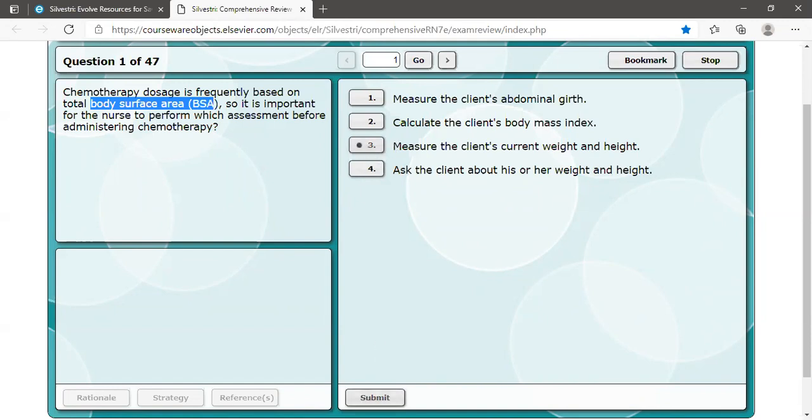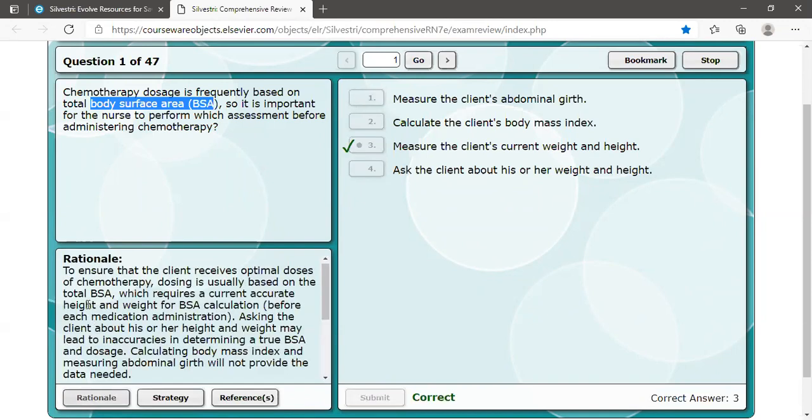So number 3. What is the explanation? To ensure that the client receives optimal doses of chemotherapy, dosing is usually based on total body surface area, which requires current, accurate height and body weight for measurement or calculation of the body surface area.